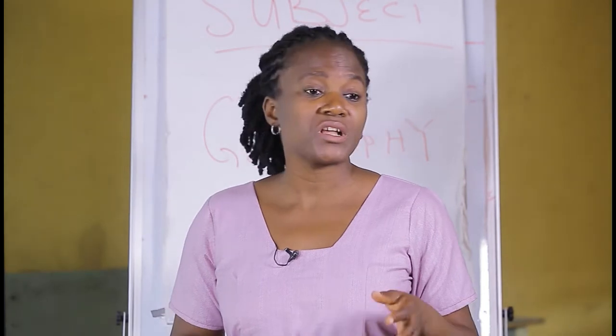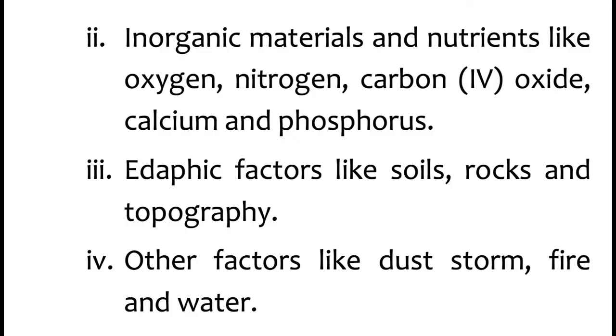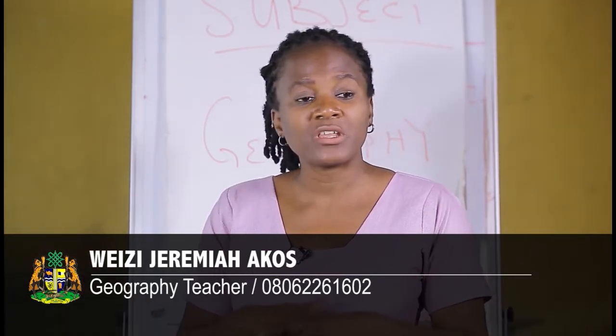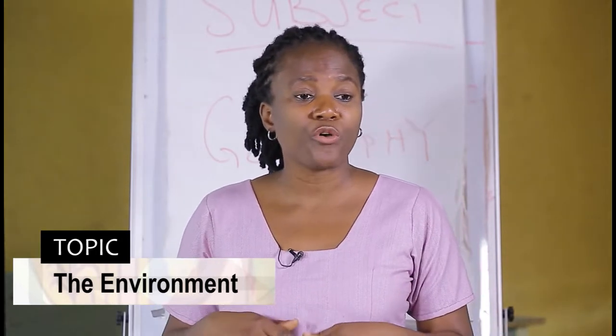Topography refers to the landform. Four, we have other factors like dust storms, fire, and water. When we say dust storms, we mean strong winds with dust blowing everywhere. It is common in the Sahara region because of the presence of the desert.